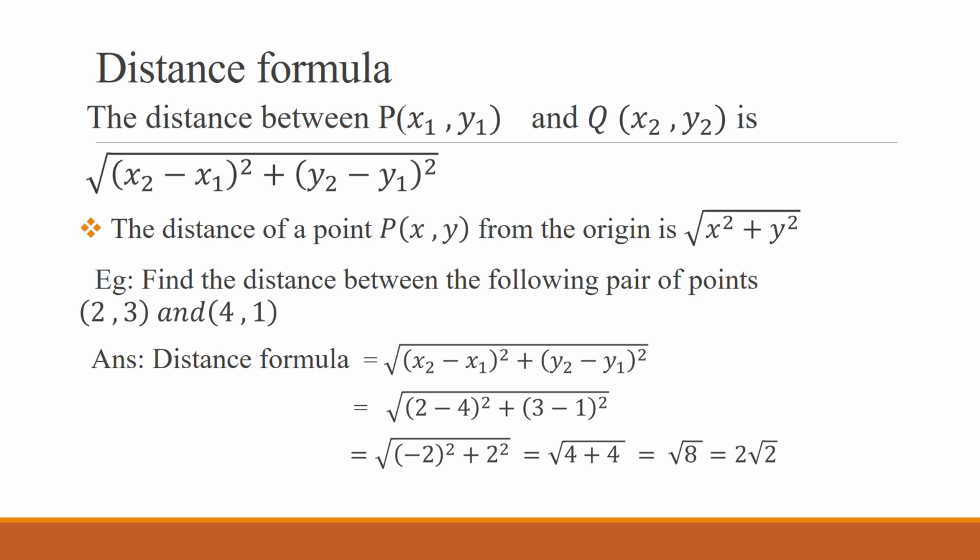So here it will be (2 minus 4) whole square plus (3 minus 1) whole square, which is (negative 2) whole square plus 2 square, which is equal to root of 4 plus 4, equal to root 8, which when simplified is 2 root 2, which is the distance between the 2 points.